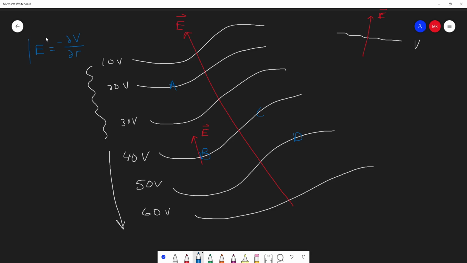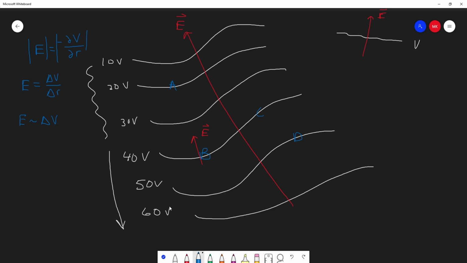If we're looking at magnitude, because that's what it's asking, our electric field is equal to our change in voltage over our change in R. I'm just canceling out these derivatives, just saying they're changes, because we're just looking at changes right now. When our delta V changes the most, our electric field will be the biggest. In other words, electric field is proportional to the change in voltage.